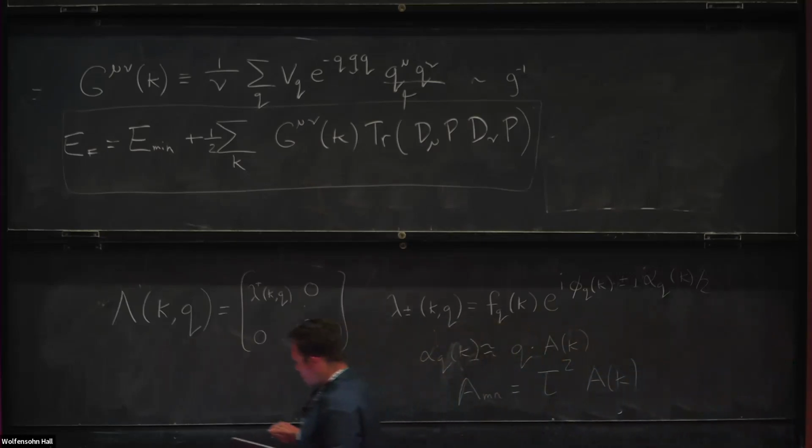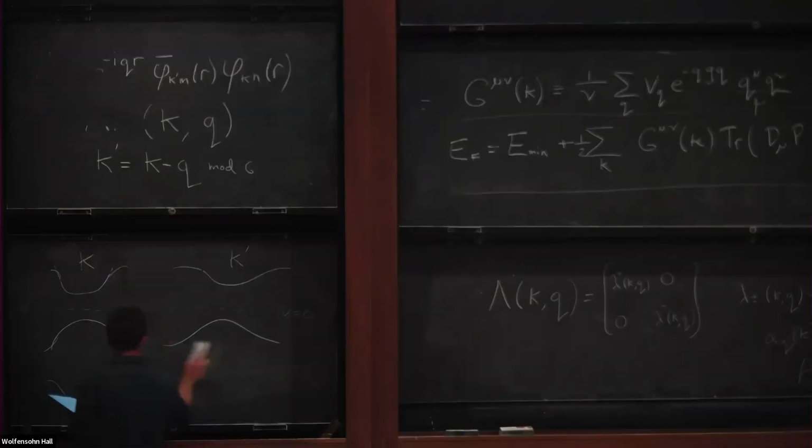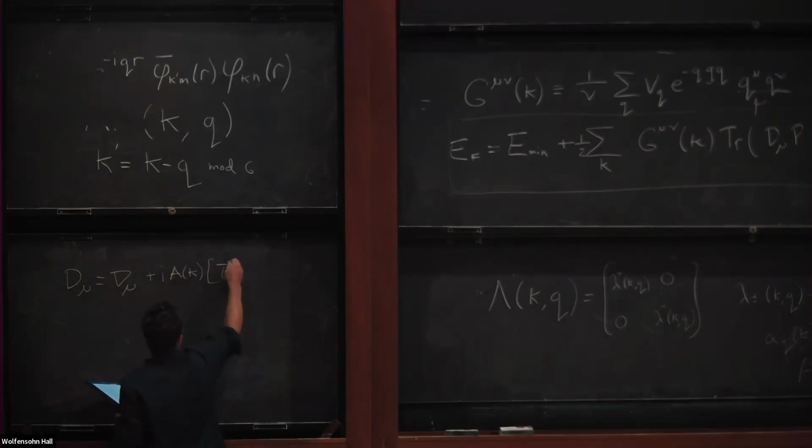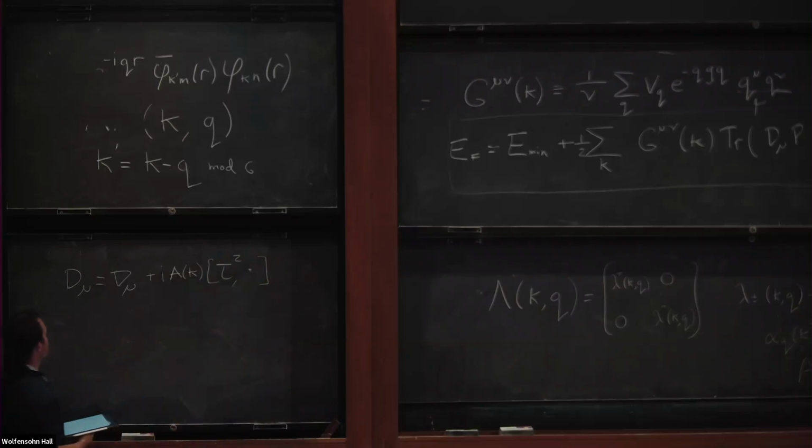So the takeaway is that we can immediately write down the form of the elastic energy, where our covariant derivative is partial mu plus the Berry connection, which is diagonal in tau z by the assumption of the diagonal form factor.